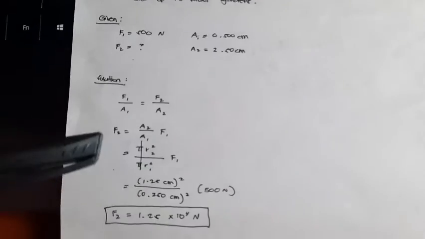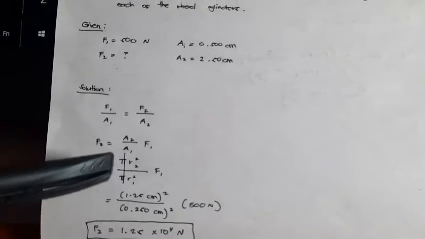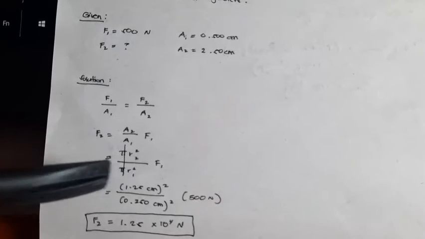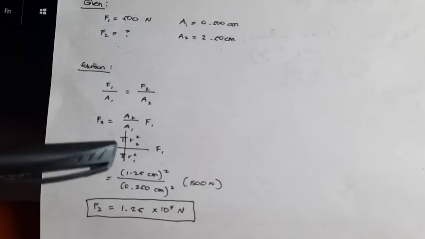Then, the cross-sectional area A2 is pi r squared over A1, which is also pi r squared, times F1.